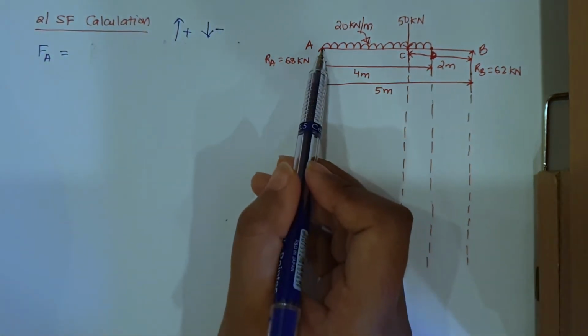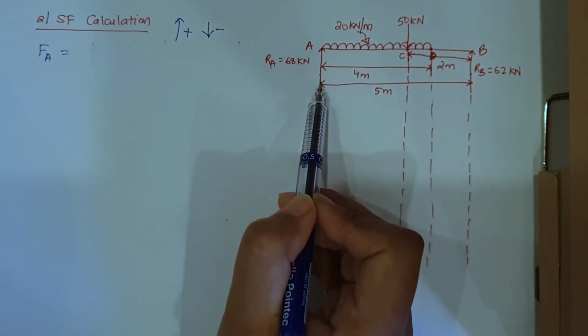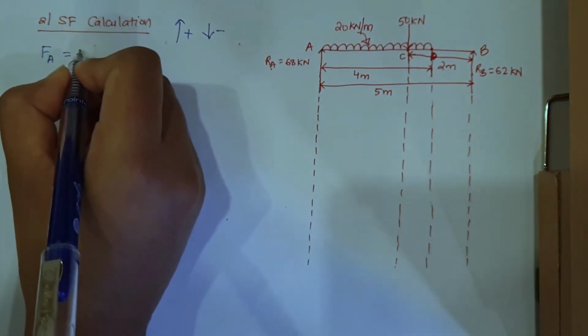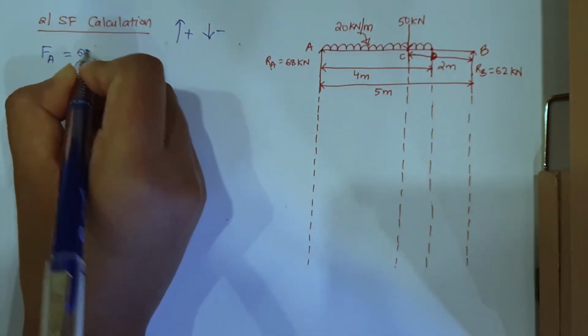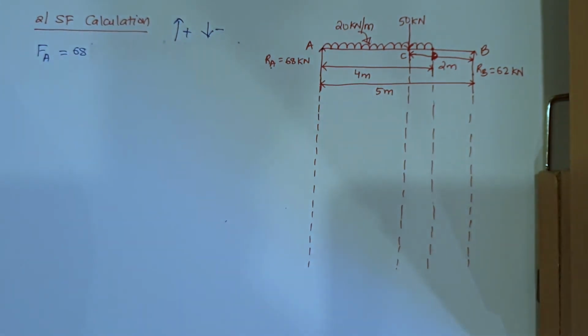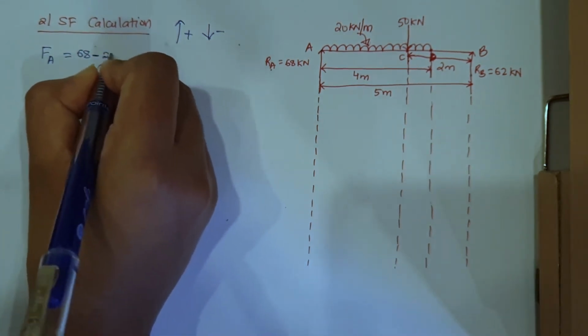So at point A I have first reaction RA going from bottom to top, so this is positive, so I have plus RA, which is 68, and from top I have the load 20 kN per meter coming from top to bottom, so I have minus 20.